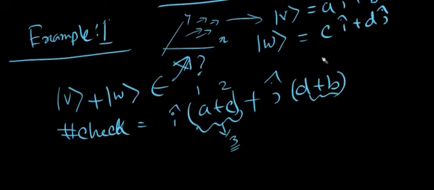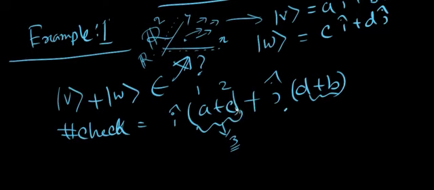Now notice that these elements are real numbers, and this space, that is this xy plane, is actually R squared. That is, you have one set of real numbers on the x-axis and one set of real numbers on the y-axis, and when you add them, the resulting vector also lies in the same space.